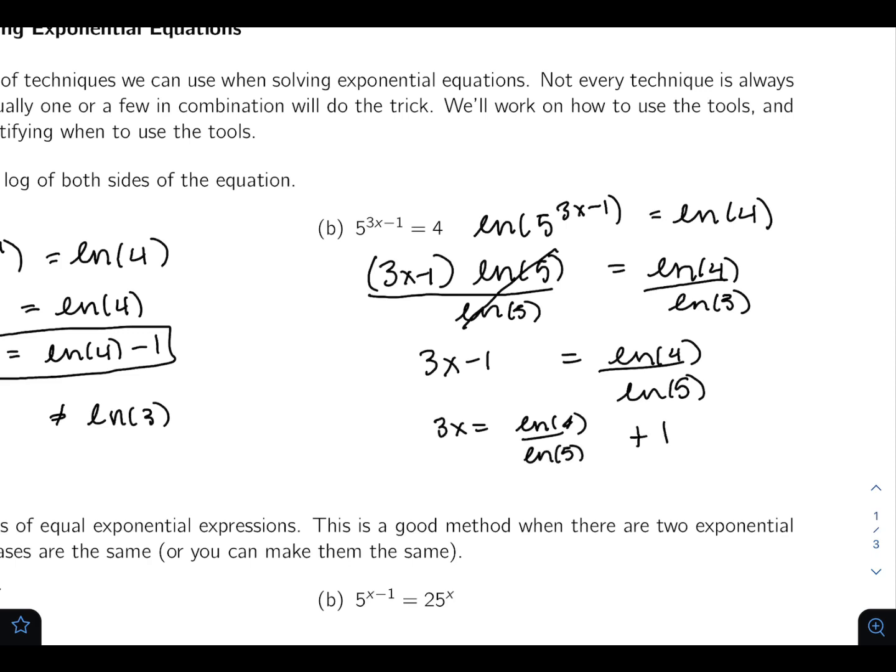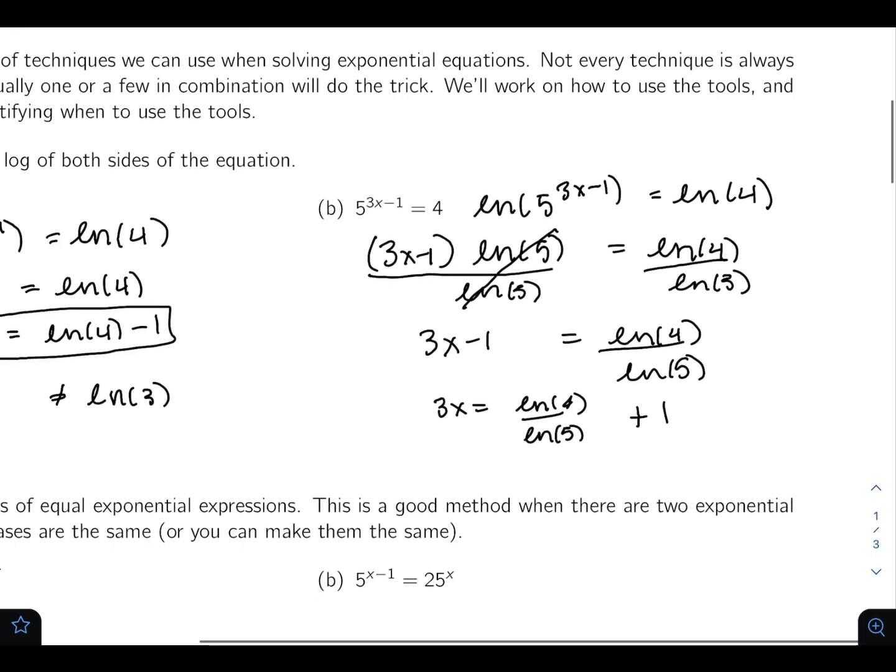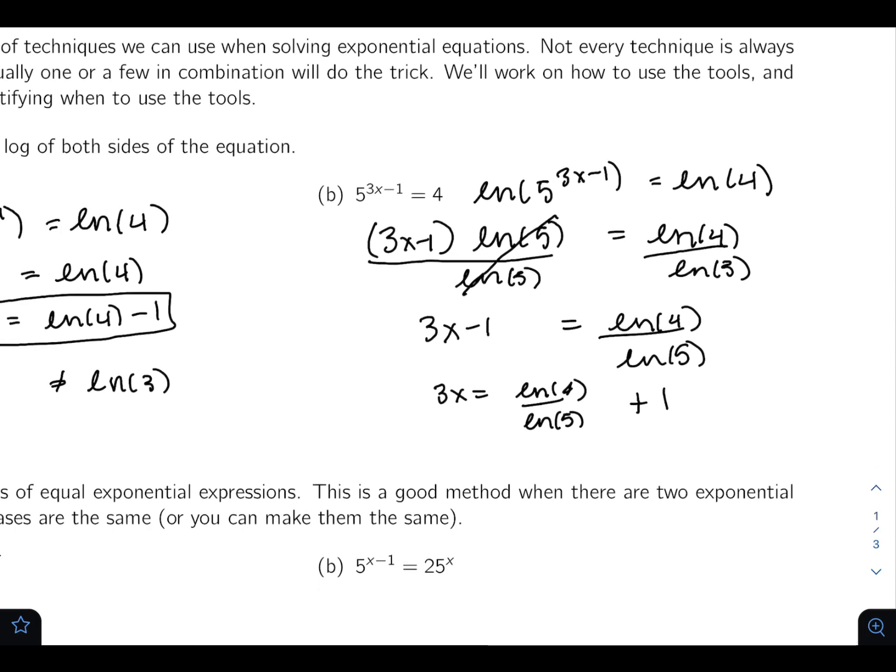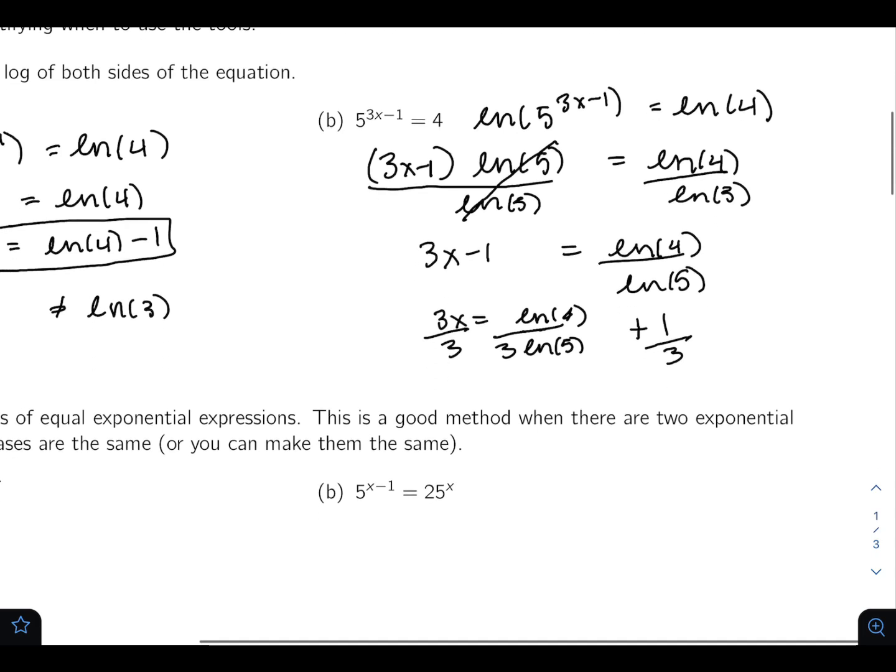And lastly, I'll divide both sides by 3. When I do that, it'll put a 3 in every single denominator, so it'll look something like this. I'll get that x is equal to the ln of 4 over 3 ln of 5 plus 1/3.